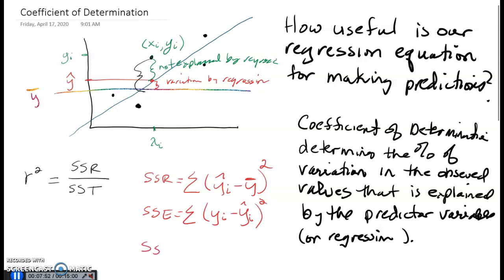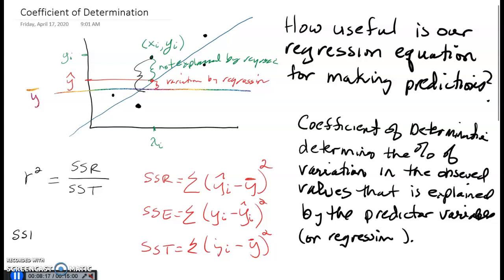If you look at the picture, that is going to be the summation of each individual observed y value minus the mean, squared.